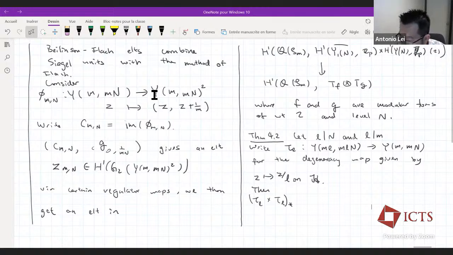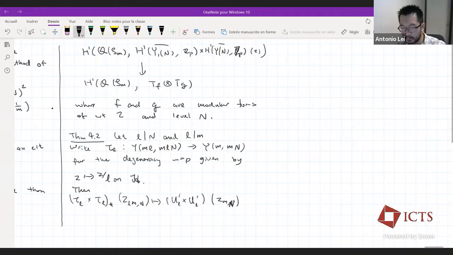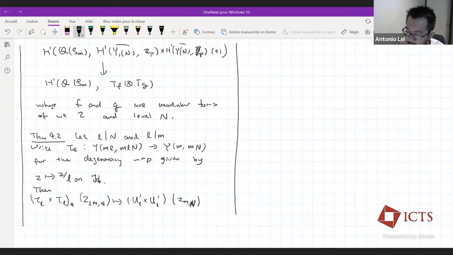So you will send these elements, which I have written down here, to U_L prime acted on the element downstairs. Sorry, this should be an N. Okay, so what is this U_L prime?